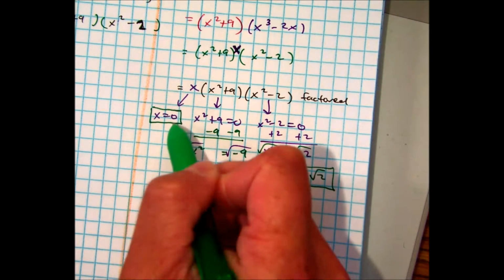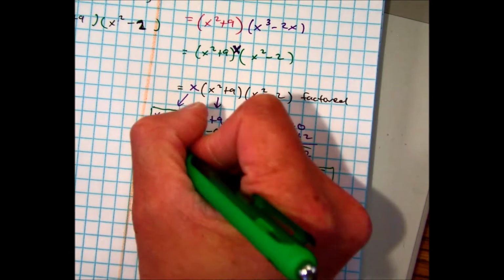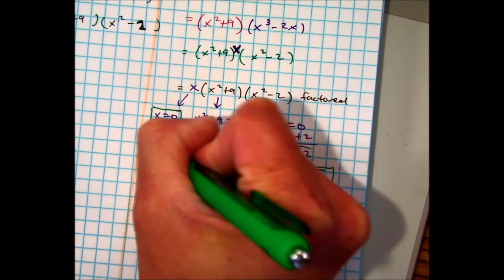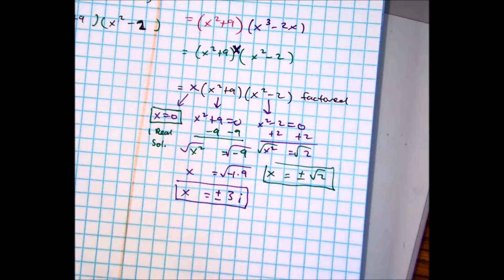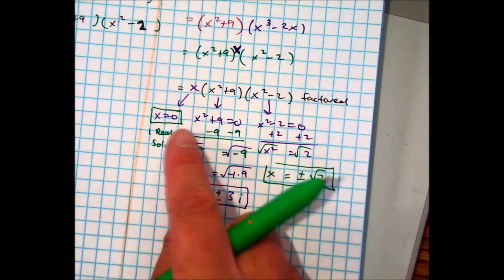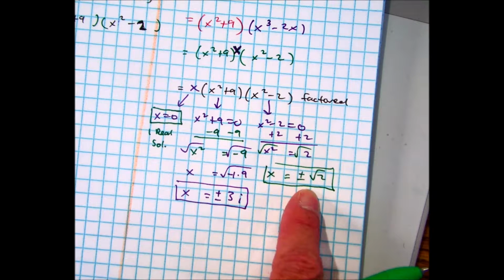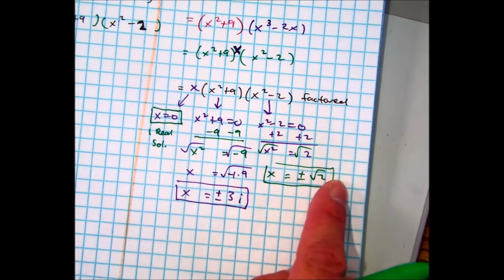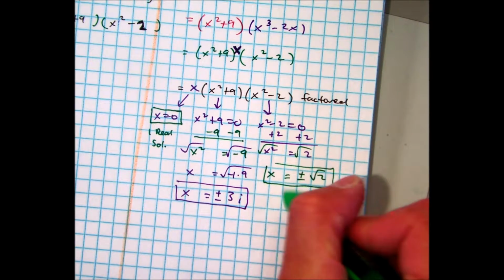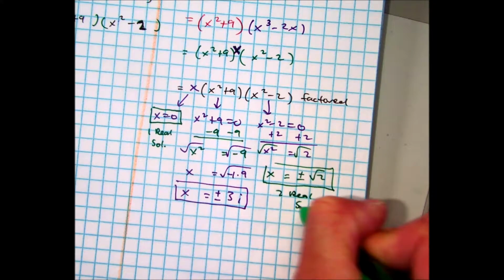Okay, let's start with the easy one. Real or non-real? Okay, one real solution. Okay? Class, does it have an i in it? No. One real solution. Real. Real or non-real? Real. Real, there's no i. How many? 2. 2 real solutions.